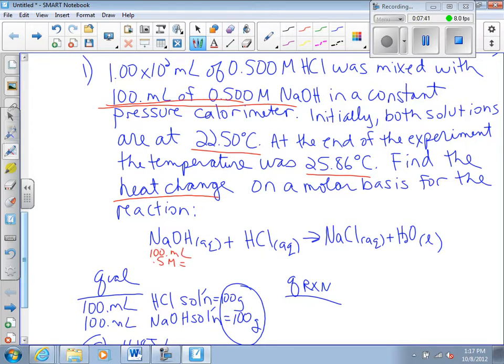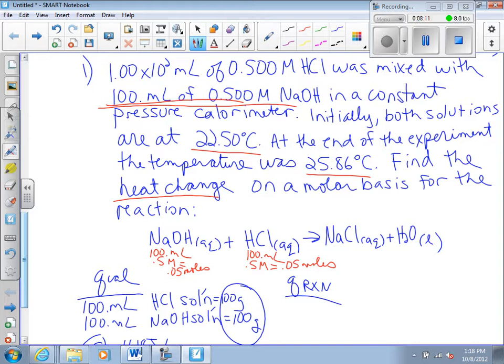And how many moles is that going to be? 0.5 moles per liter times 0.1 liters, 0.05 moles. And my HCl, I've also got 100 milliliters, and I have 0.5 molar again. And my 100 mils is 0.1 liters and 0.5 moles per liter. This will also equal 0.05 moles.